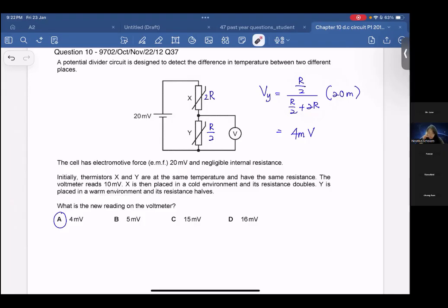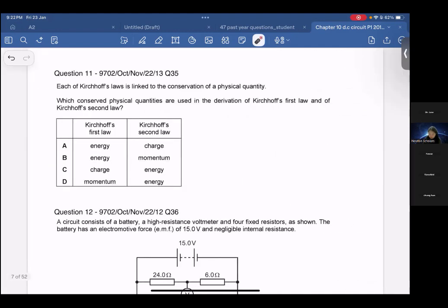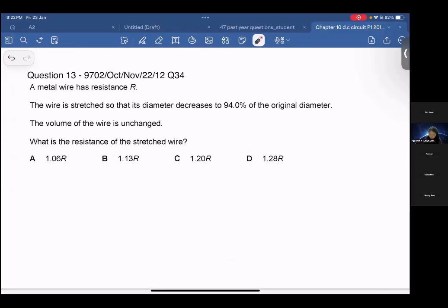Then next, I want to go to question number 13. Try with question number 13.